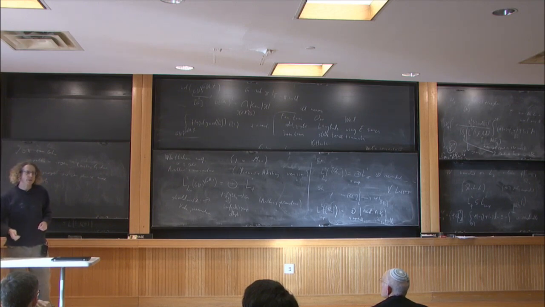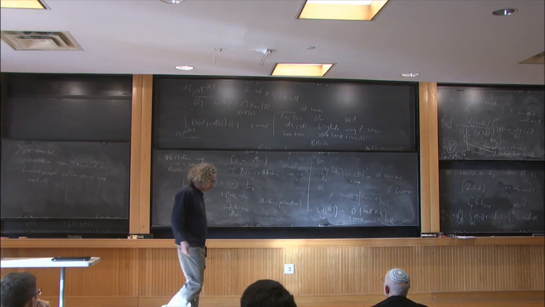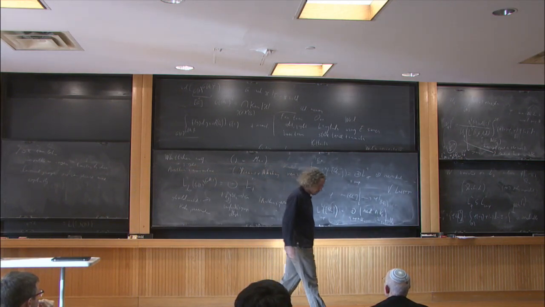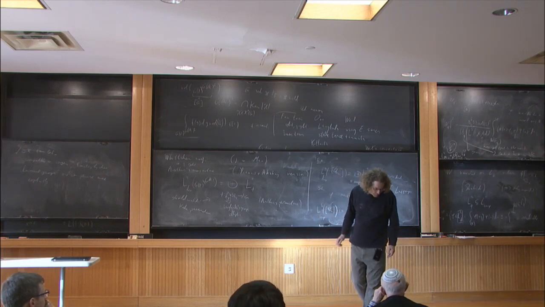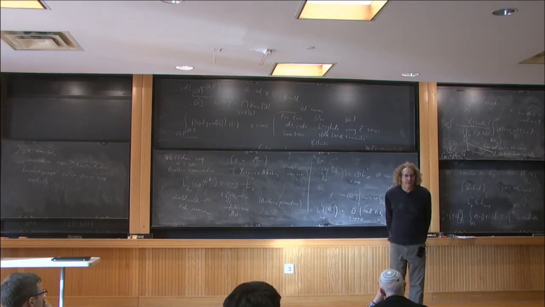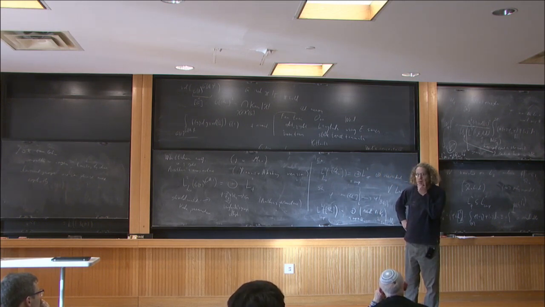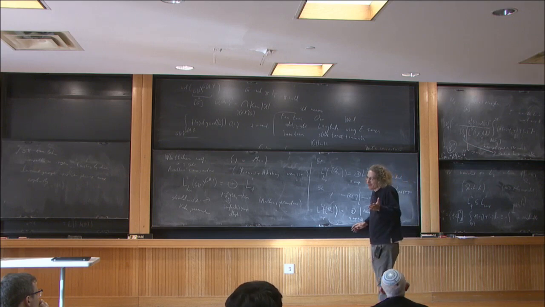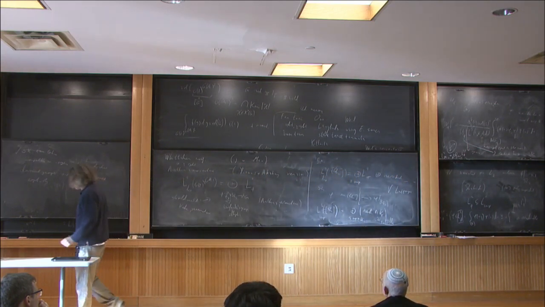Is it that it's not a twisted endoscopic group? Right, E8 is not a twisted endoscopic group of any GLN. Okay, maybe G2 is on the table. I don't know what the status of G2 is in terms of the trace formula. Okay, so the answer is I don't know. But then the question is whether G2 is exceptional or not, to begin with. I don't know.